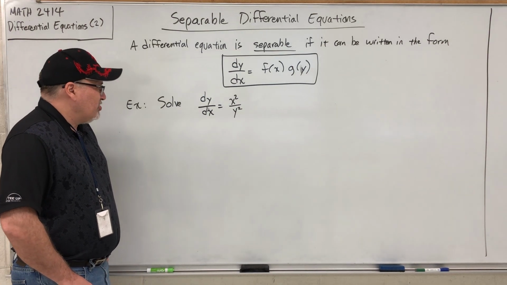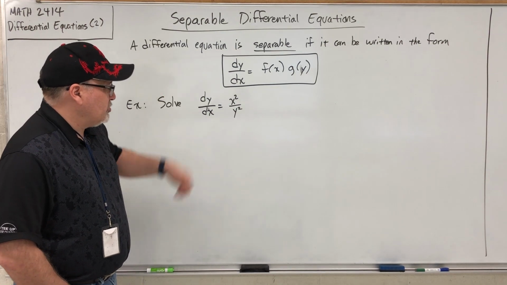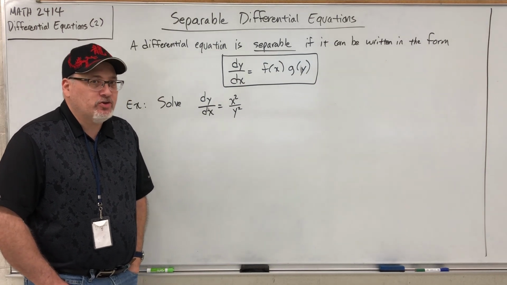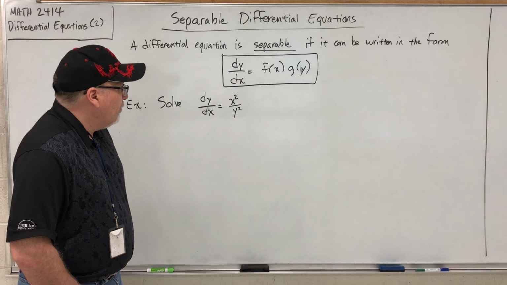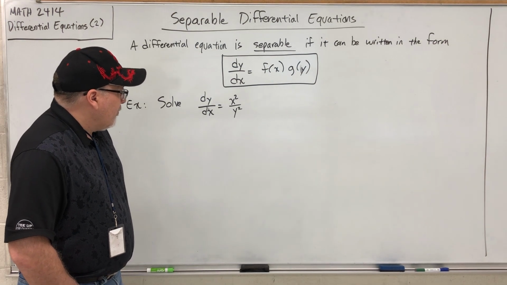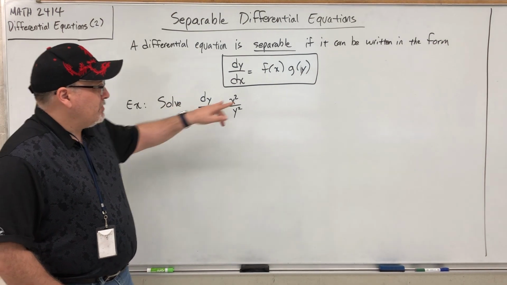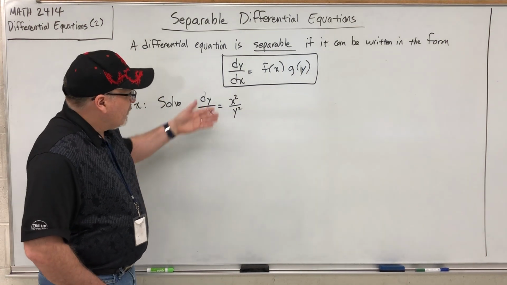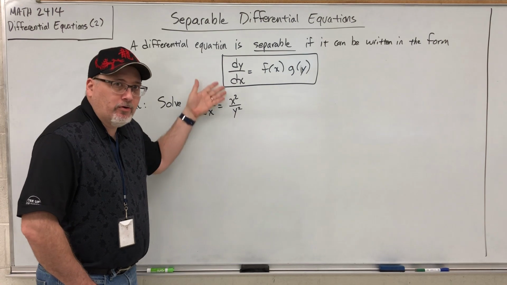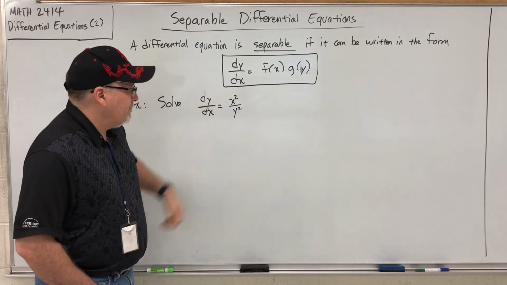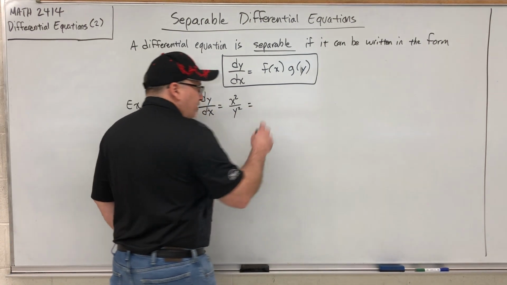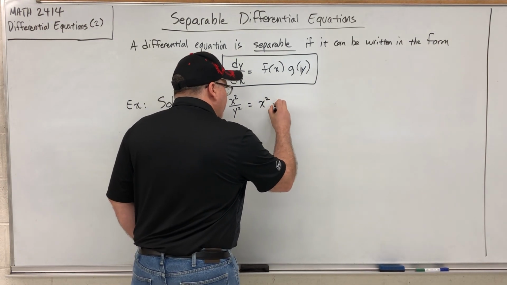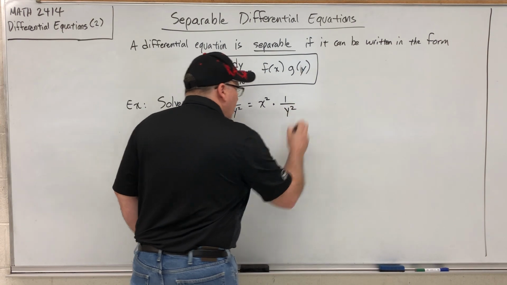We're going to solve this example, dy/dx equals x squared over y squared. But before we do, I want to verify that this satisfies the criteria for being separable. To be separable, we simply have to have the first derivative as the product of a function of x and a function of y. Although at first glance this is a quotient of a function of x and a function of y, we could, if pressed, write this as x squared times 1 over y squared.